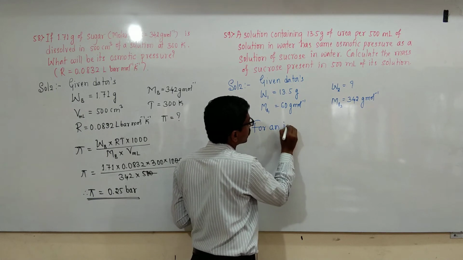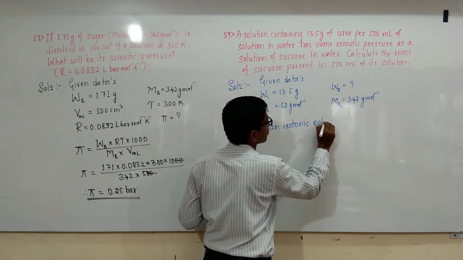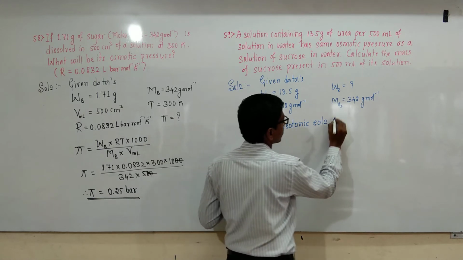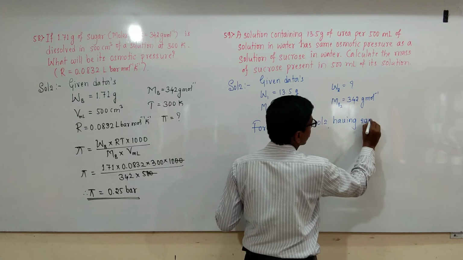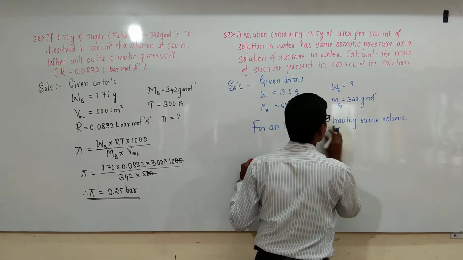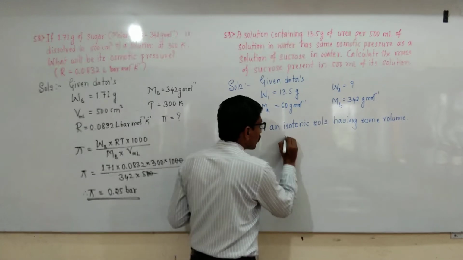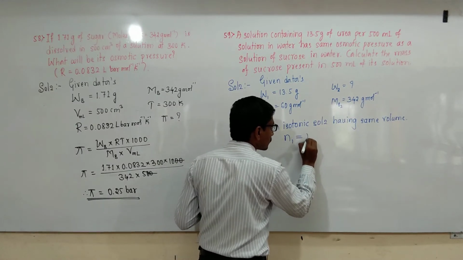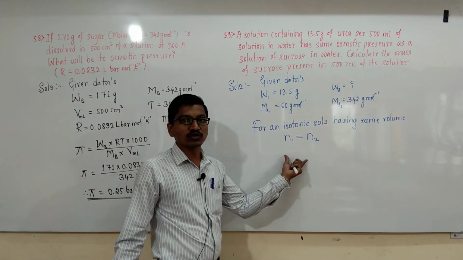For an isotonic solution having same volume, same volume means both the solutions in 500 ml. Same volume means number of moles of one component is equal to number of moles of other component.